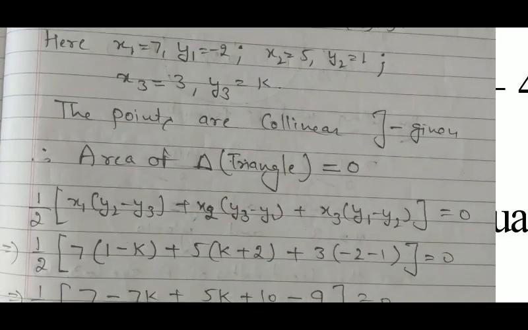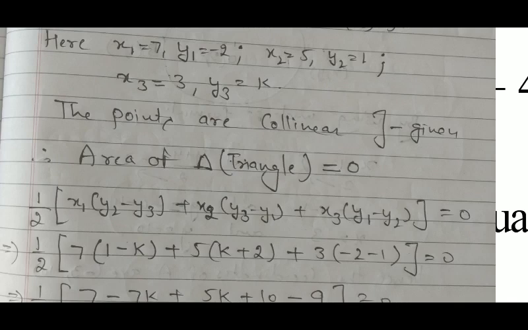Now you will use the formula of the area of the triangle and compare it with 0 and then put the values of x1, y1, x2, y2, x3 and y3.